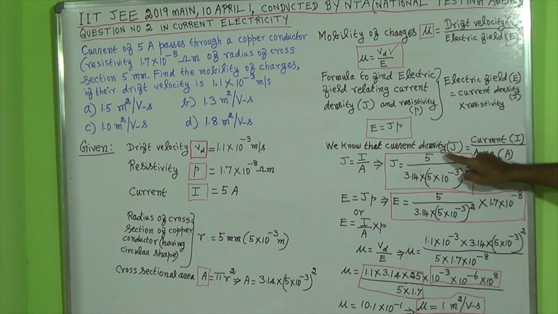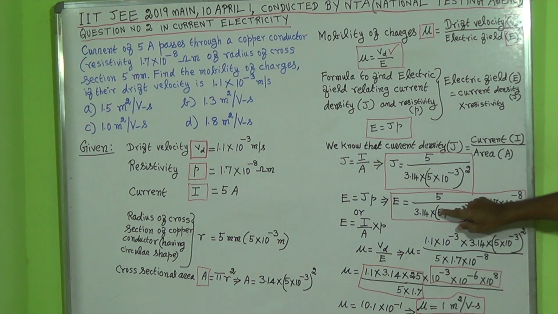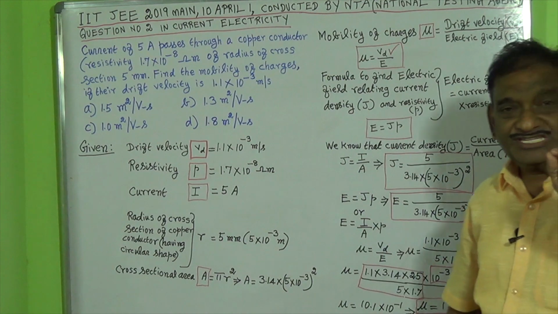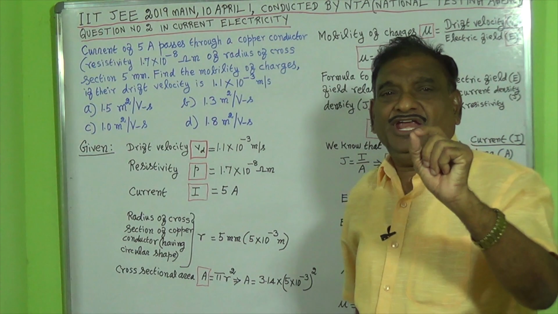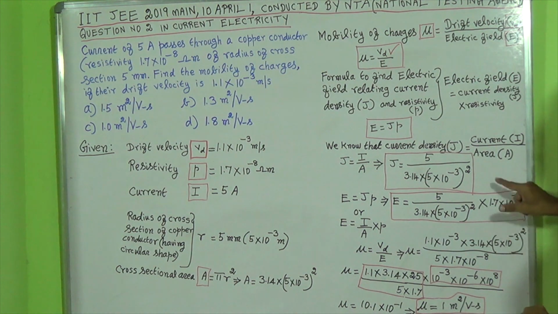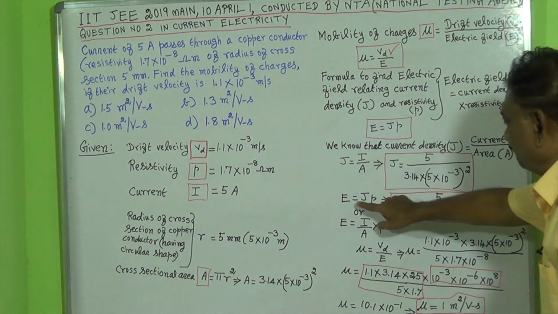So we can substitute the current density, and we can also substitute the resistivity. The resistivity is supplied as 1.7 into 10 to the power of minus 8 ohm meter. So if we substitute, we will get the equation for electric field.